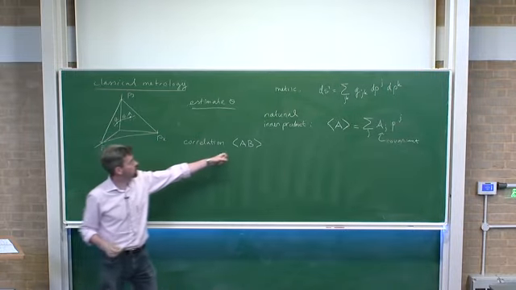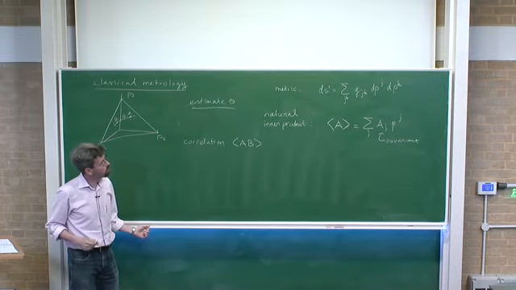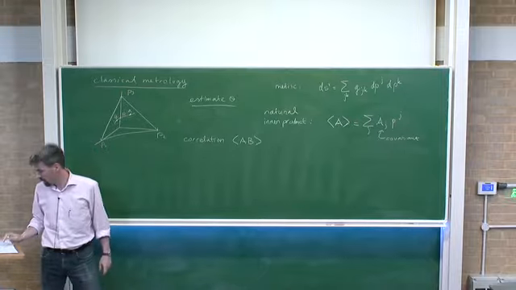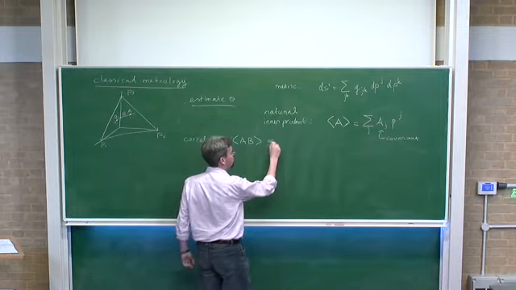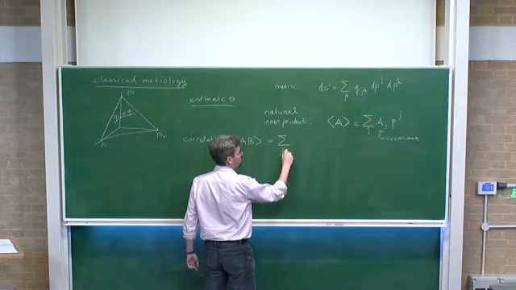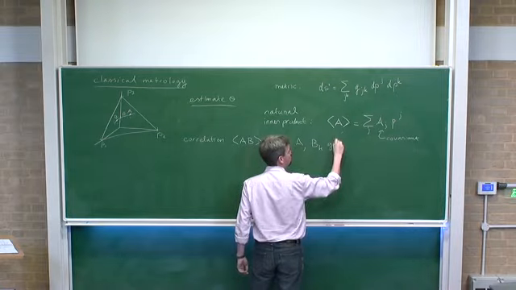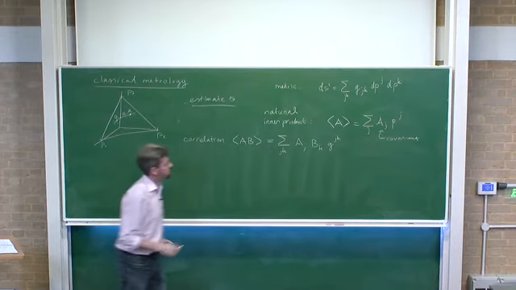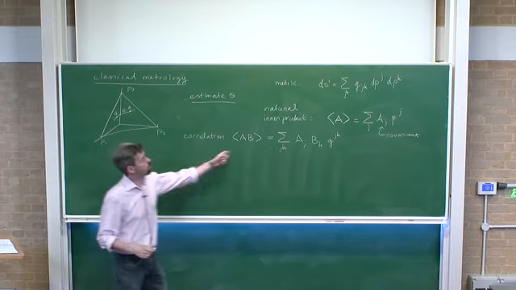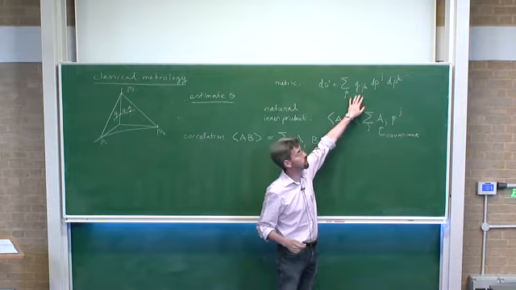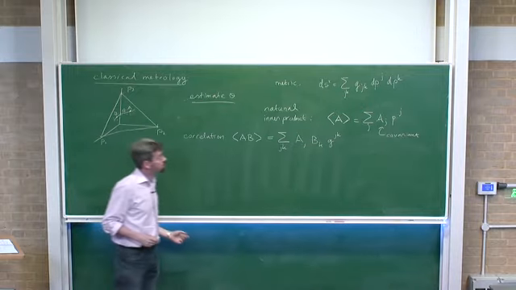Because when we look at the correlation, we can write this formally as, right. So that's our two form that uses our metric tensor.